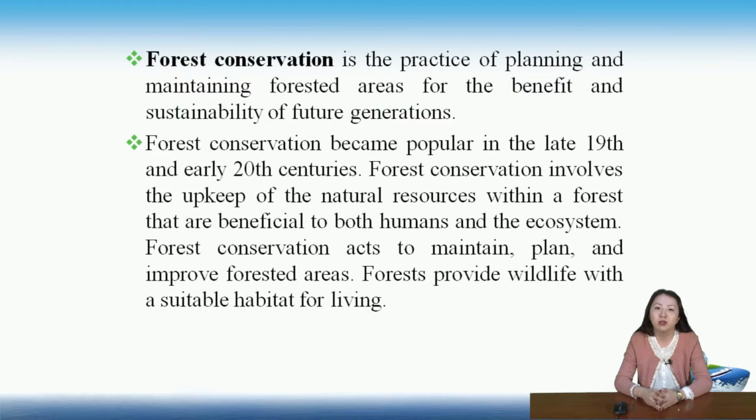Forest conservation is the practice of planning and maintaining forested areas for the benefit and sustainability of future generations. Forest conservation became popular in the late 19th and early 20th centuries.